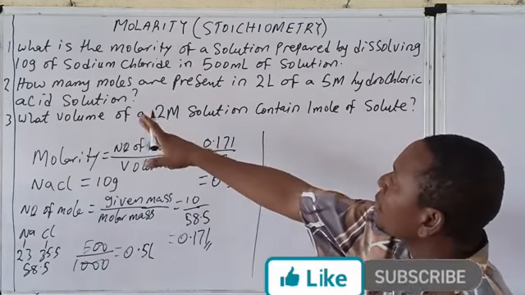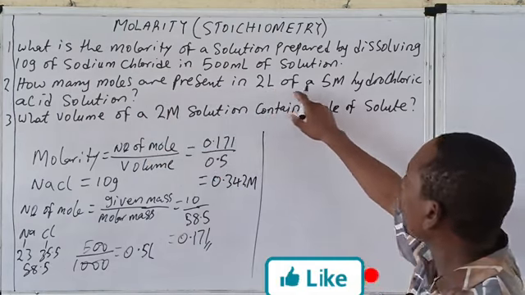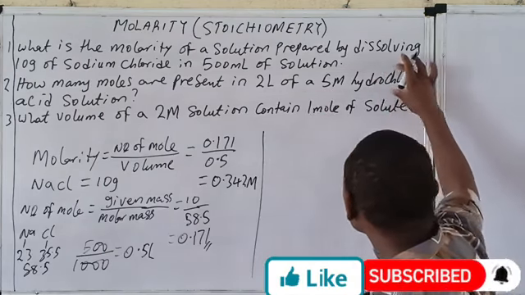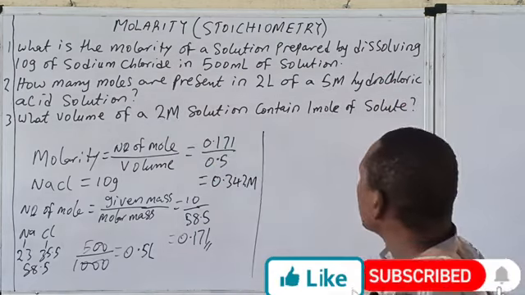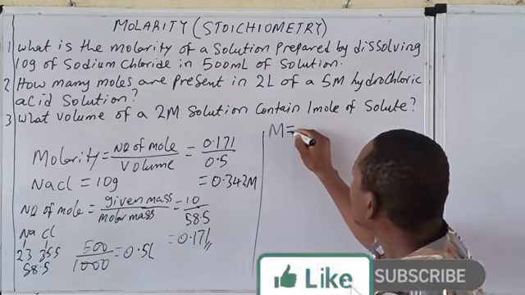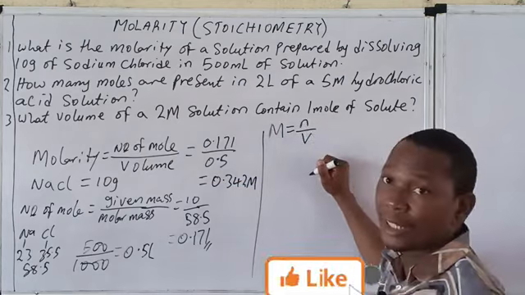All right. The next question is: how many mole are present in 2 liters of a 5 molarity hydrochloric acid solution? Now we know this same formula. Molarity is equal to number of mole all over the volume in liters.